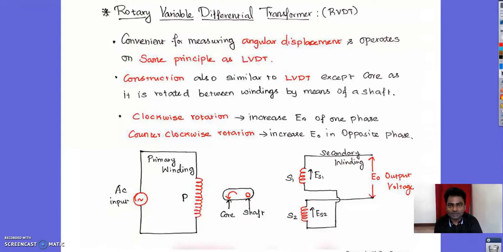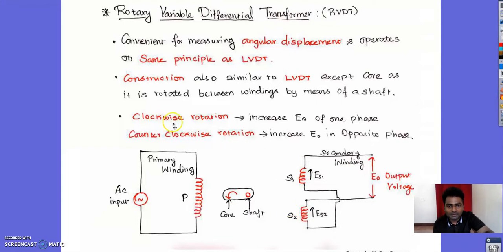Why? Because the construction is based upon the measurement of angular displacement. And here is a diagrammatic representation, and this is the only difference that makes your LVDT an RVDT. The core is a rotating core that is placed between the primary winding and secondary winding.